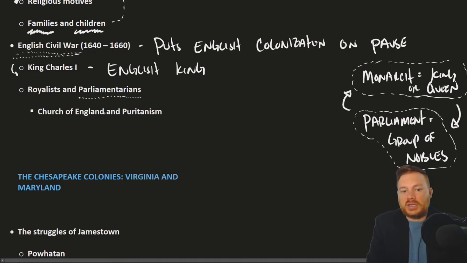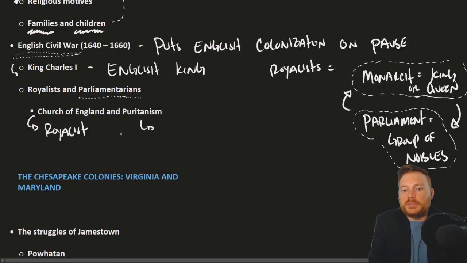In this case, the royalists, who are those loyal to the king, went to war with the parliamentarians. It was about things like finances, like taxes, but there was also a religious element. The monarch represented the Church of England, so we might say the Church of England was a royalist position.